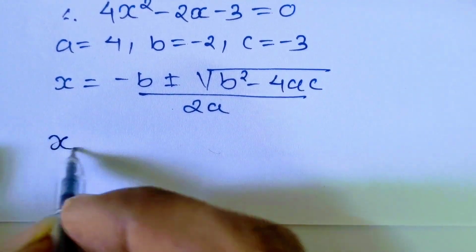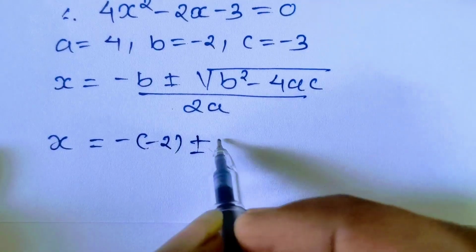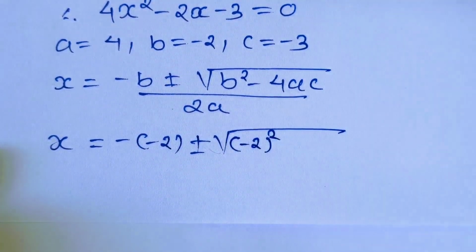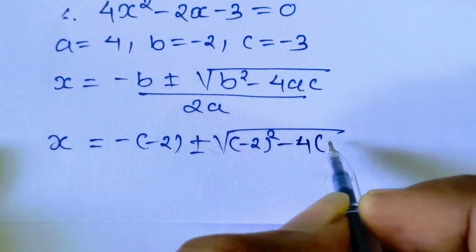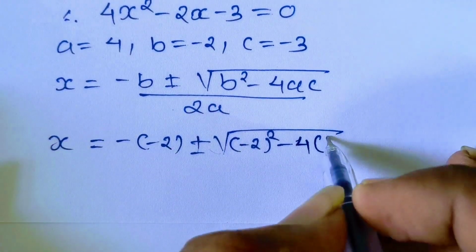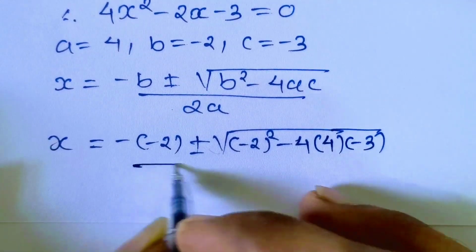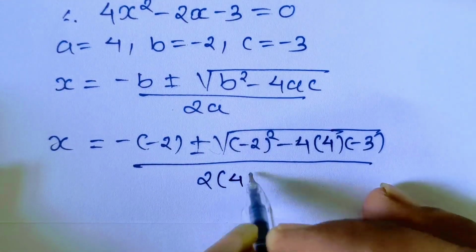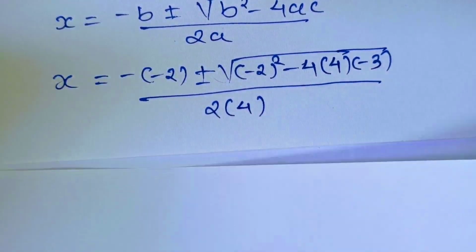Therefore x is equal to (minus of minus 2, plus or minus the square root of (minus 2)² minus 4 times 4 times minus 3) upon 2 into 4. Up to this, it is clear. Now simplify all these values.